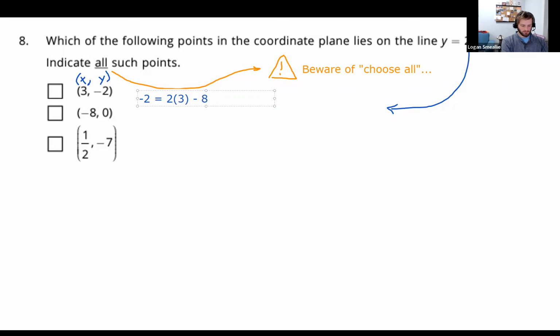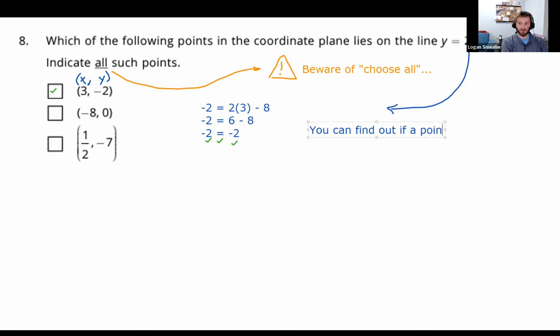Well, let's see. -2 equals 6 minus 8. -2 equals -2. That's a true statement. And if your algebra leads to a true statement at the bottom, that's one of your correct answers on this. So this is something we haven't explicitly said yet, but you can find out if a point is on a line by seeing if those coordinates make the equation true.